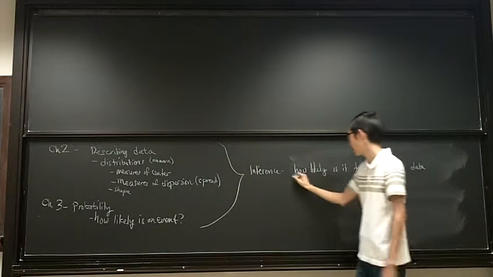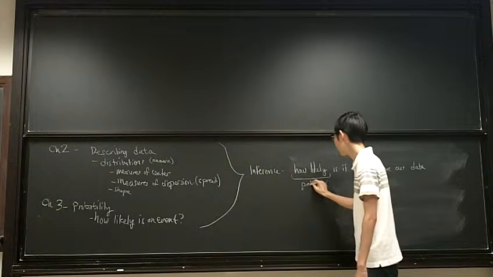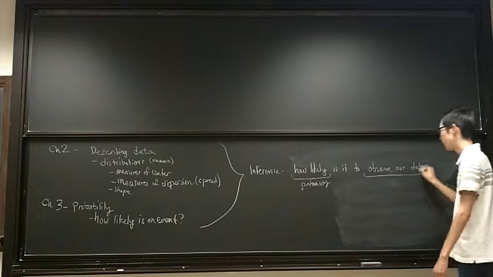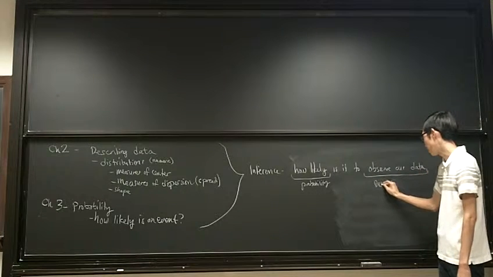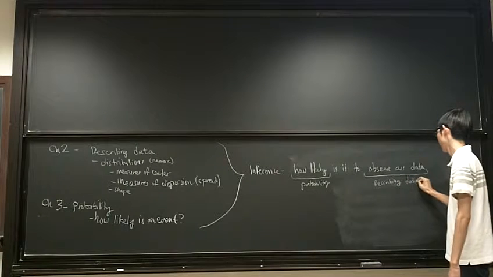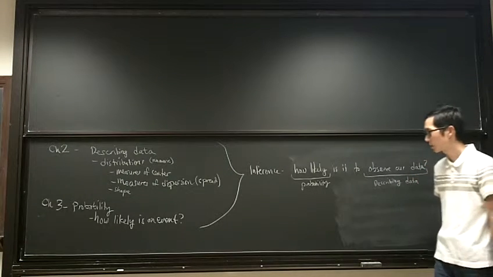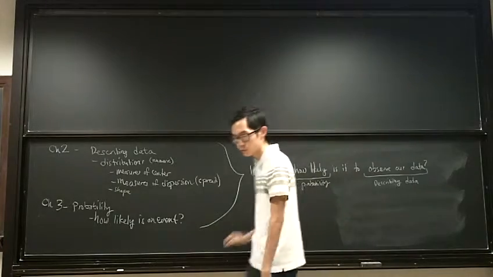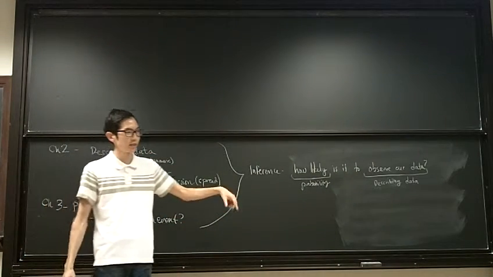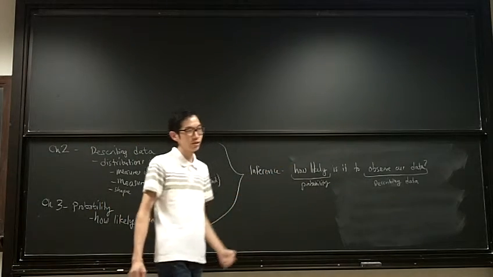So the how likely, this is the probability. And then the observe our data, this is our describing data part. Okay, and this is the driving force behind inference. We're going to be asking how likely is it to observe our data?